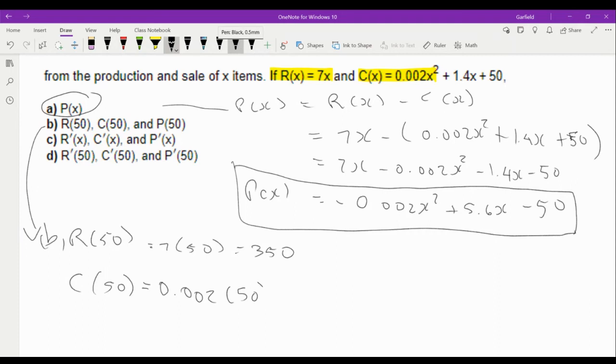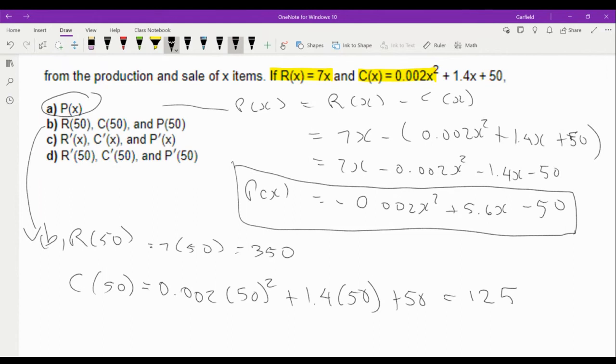0.002 times 50 squared plus 1.4 times 50 plus 50, which is equal to 125, Michael, for this? Is that what you're saying, Michael?